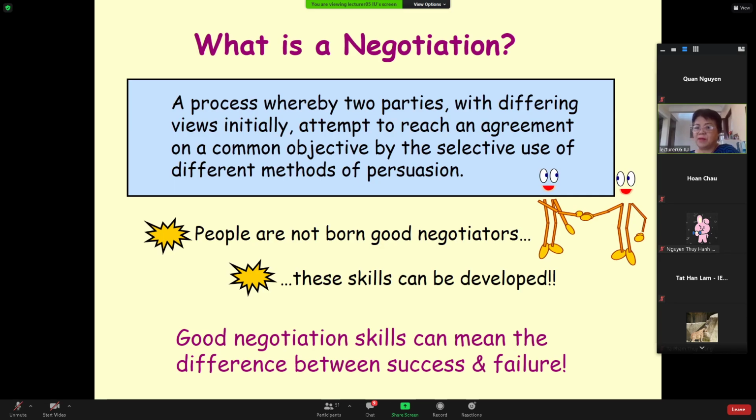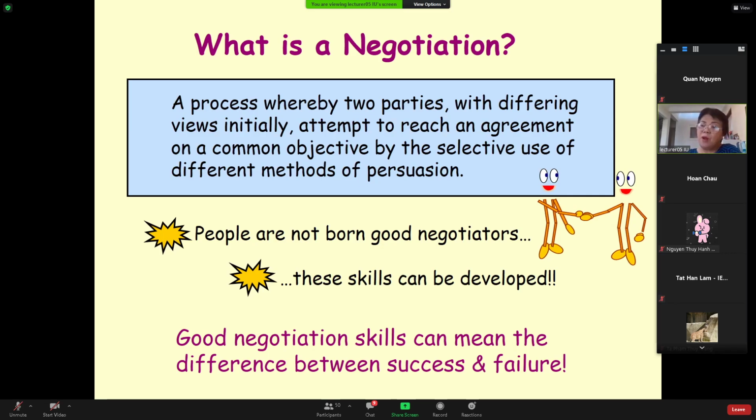So everyone comes to the negotiation and tries to speak out anything that conflicts, they resolve the solution and come to the common goal, the common objective, by trying to persuade and convince the other party.